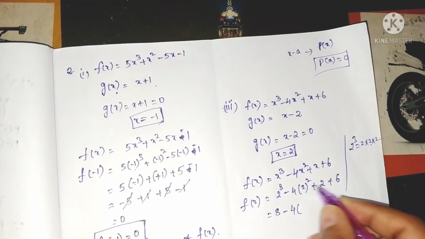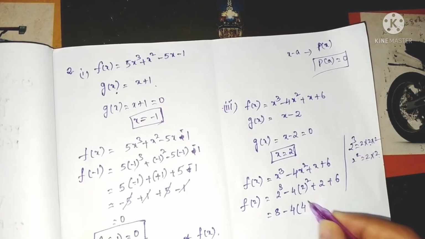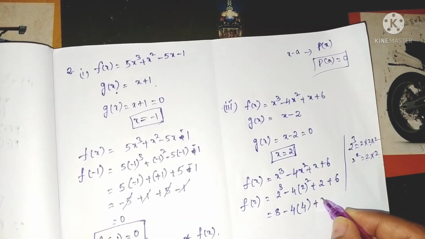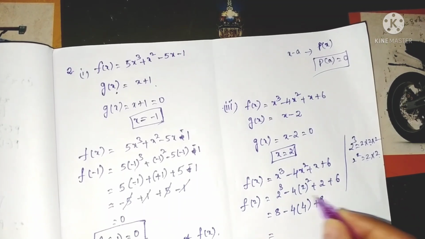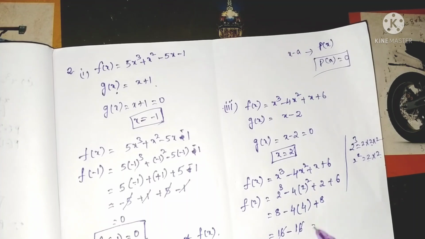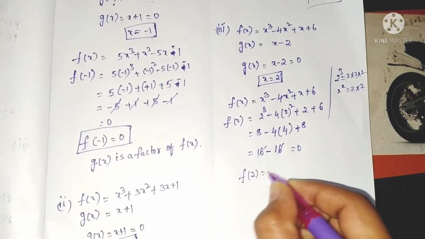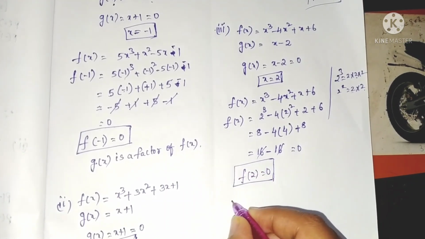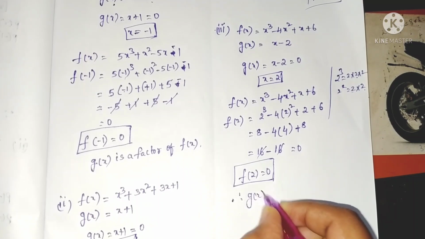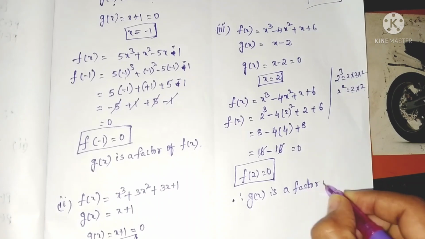Minus 4, 2 square means only 2 times. 2 2s are 4. Plus 2 plus 6, 8. Now this 8 plus 8, 16. 4 4s are 16. 16 minus 16, 0. Right? f of 2 equals 0. So therefore g of x is a factor of f of x.